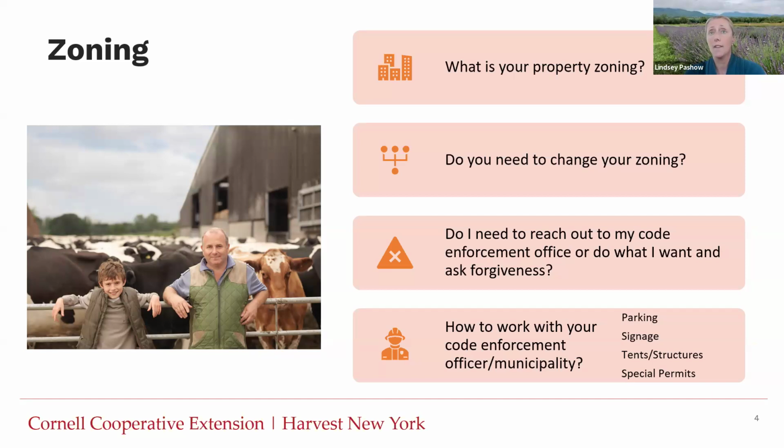Say you're going to have a big festival on your property, you may need a special permit. You may need to have a backup plan with the fire department or your local police department. So it's really important to have those conversations with your code enforcement officer and the municipality to figure out what you're allowed to do and not do ahead of time.